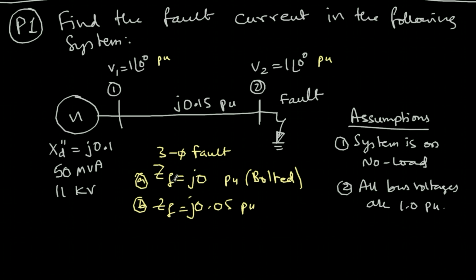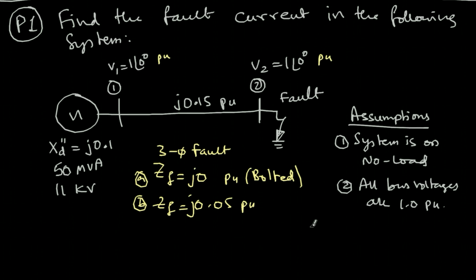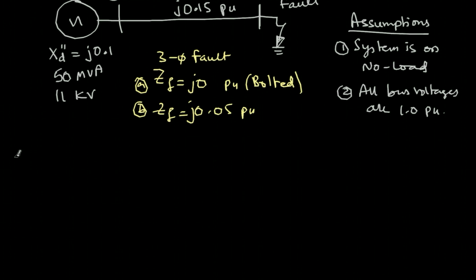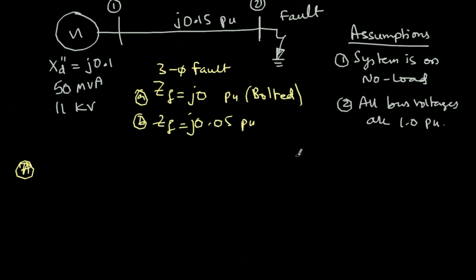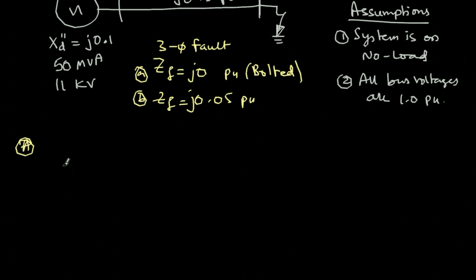So how do we solve this problem? It is quite easy, because everything is given in per unit. Let's go ahead and draw the reactance diagram. You can pause the video and try to solve this. Meanwhile, I'll try to solve it.